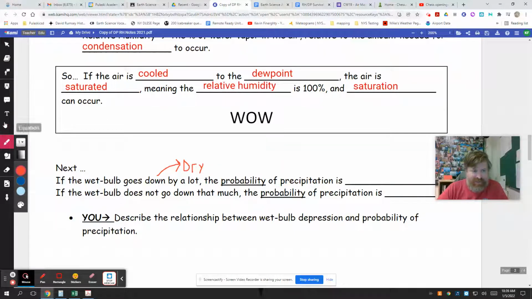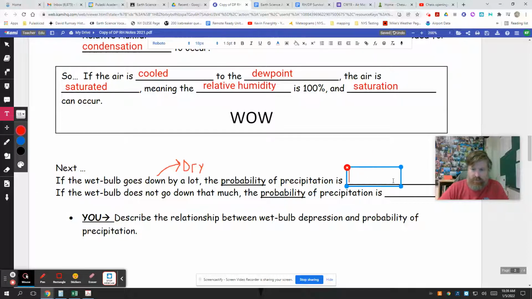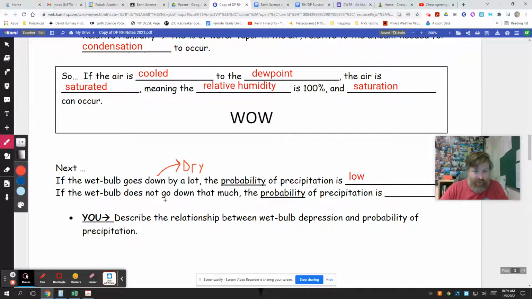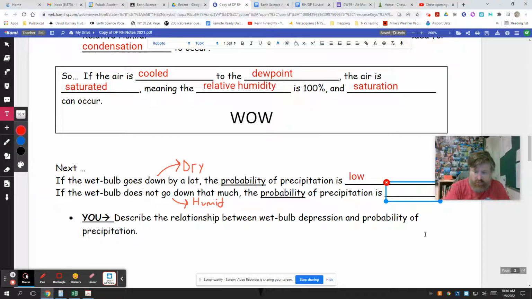Then the probability of precipitation, the chance of rain, is going to be relatively low. Whereas if the wet bulb does not go down by much, in other words not a whole lot of evaporation is happening because it's very humid, then your probability of precipitation is going to be high.